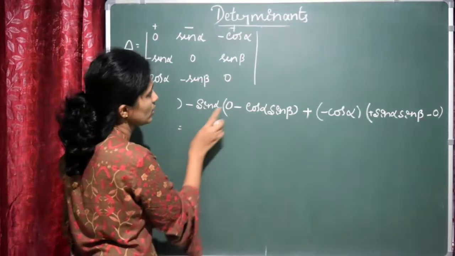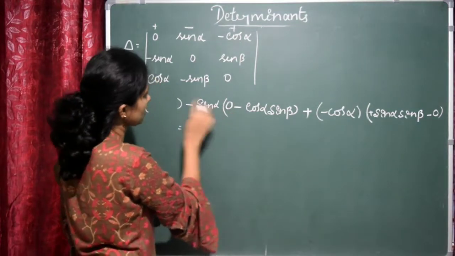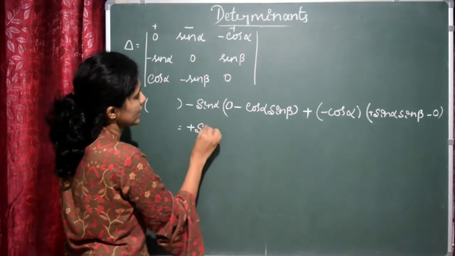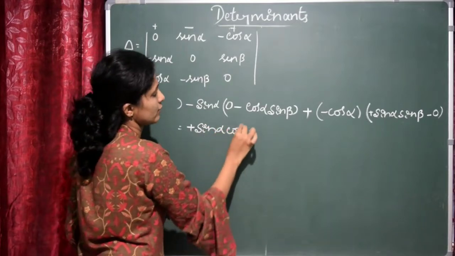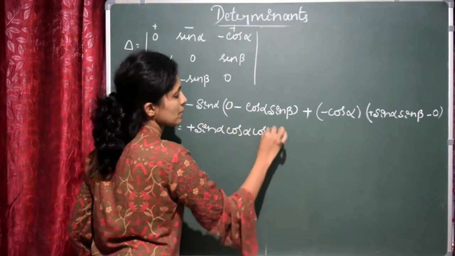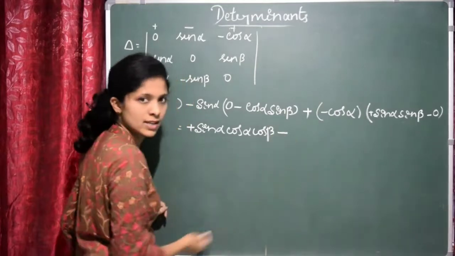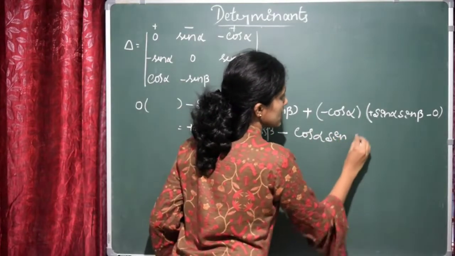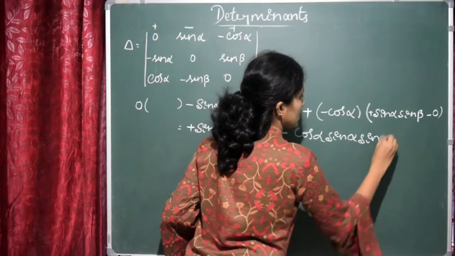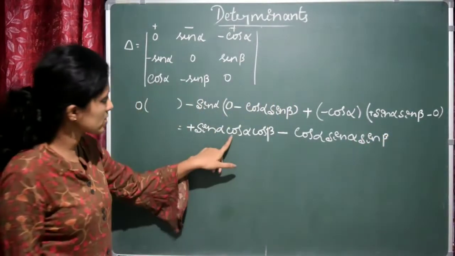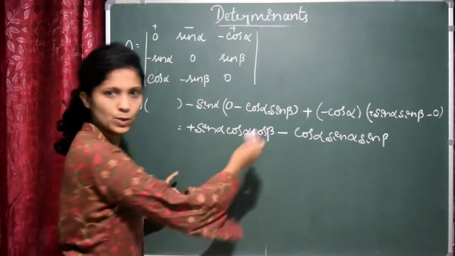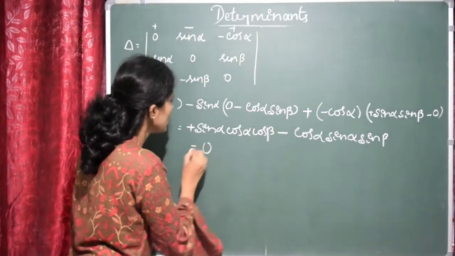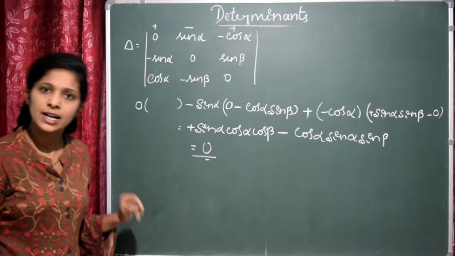So this is equal to minus into minus will be plus sine alpha cos alpha into cos beta. This is minus cos alpha sine alpha into sine beta. Is it clear? So both are the same, cos alpha, sine alpha, cos beta. So the determinant will be equal to 0. This is a way of finding the determinant.